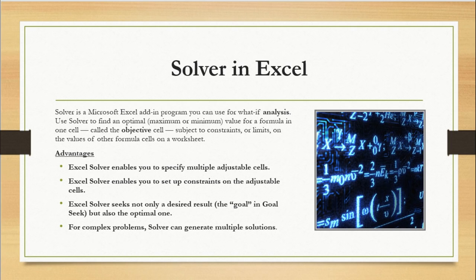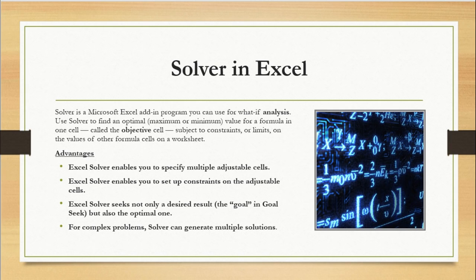Solver is a Microsoft Excel add-in program, which is generally not directly available in Excel. We need to add it into Excel before using it, and I will also show you how to add this function. You can use it for what-if analysis.